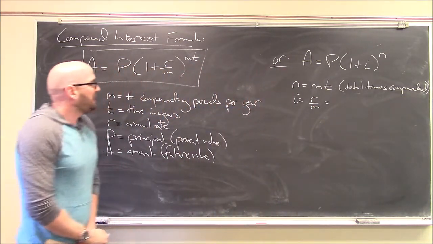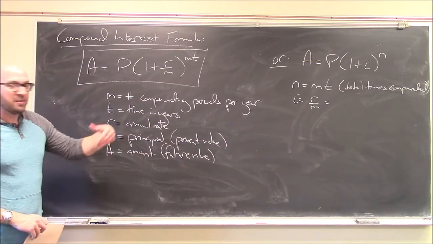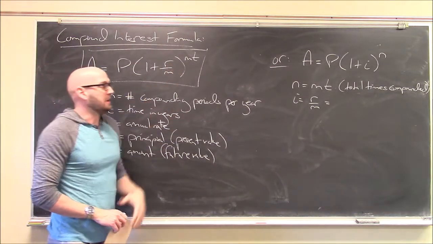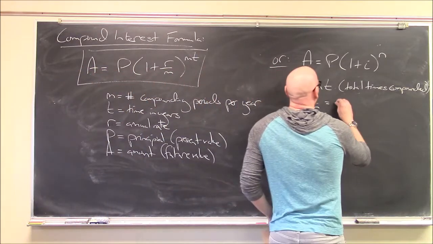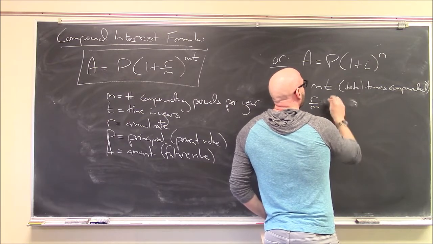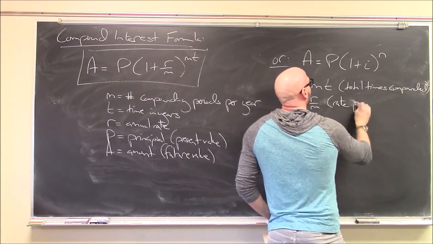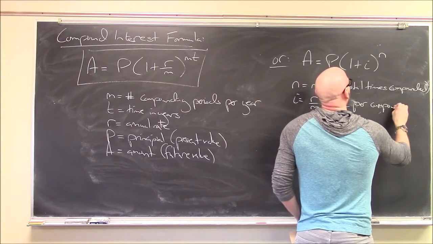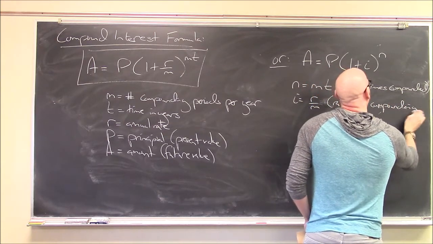So that's taking our annual rate and normalizing it. It's the rate per compounding period, if you want to think of it like that. Again, let me not put an equal sign, so we'll just put in brackets here. This is the rate per compounding period.